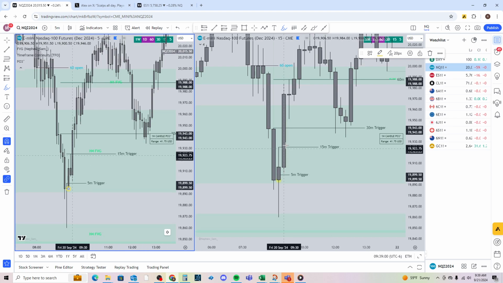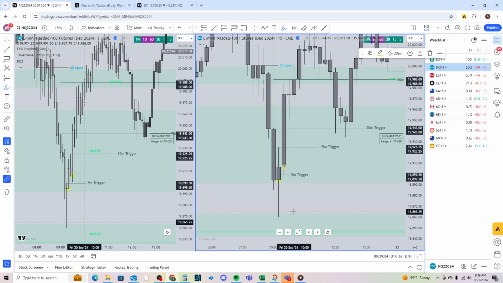And then the 15-minute bar that triggers the 15-minute trigger has just the tiniest of wicks, right? 6-point wick. So there's ways to see if that thing's going to go right away. And I like to use the wicks because they're not selling in here. The algo's telling it to buy, right?